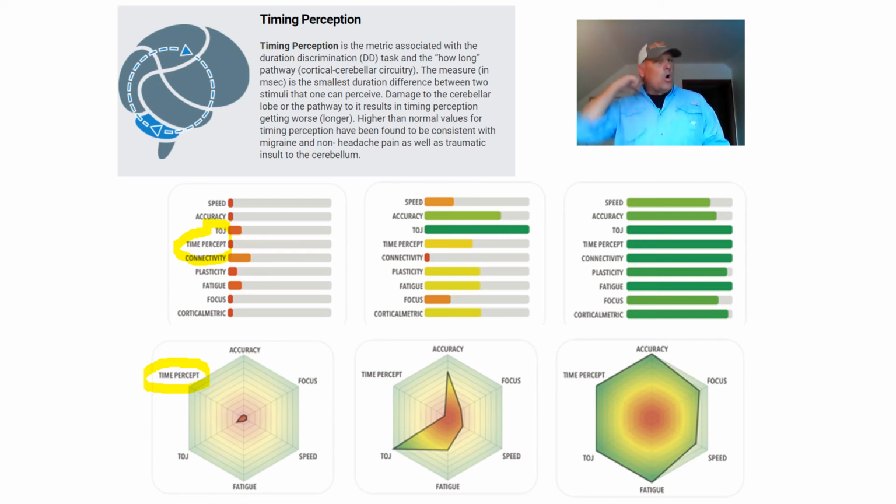But the way we know that it's the back of the head is from some studies where people used something called TMS, or transcranial magnetic stimulation, to block activity in the back of the head and then do a timing perception test. And it turned out that when you block activity in that part of the brain, you can't do this test anymore. So that's one way people know where different tests are and how you can test different things.